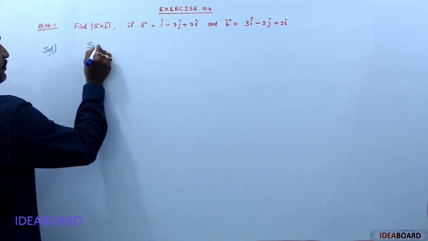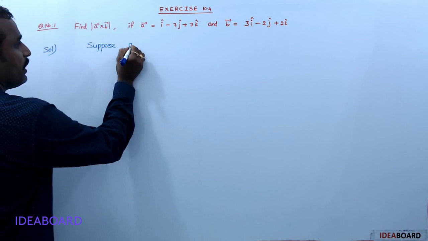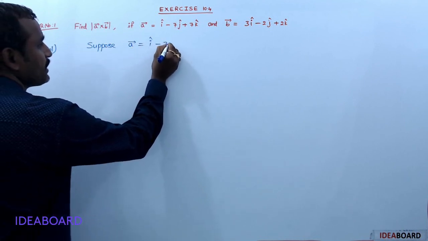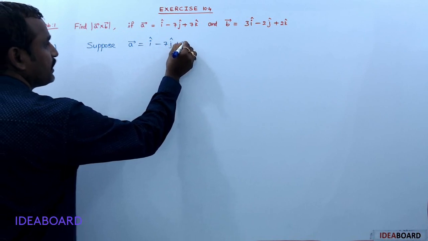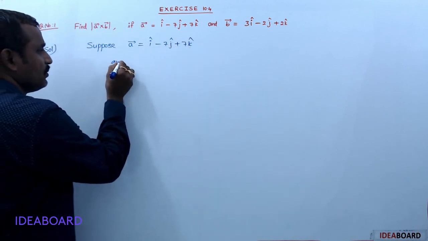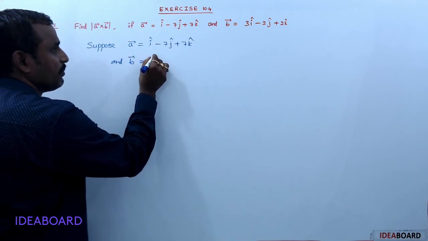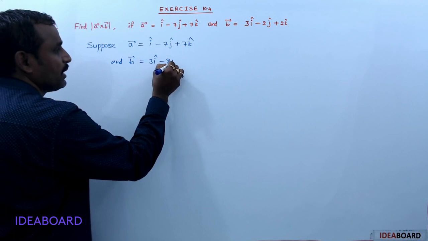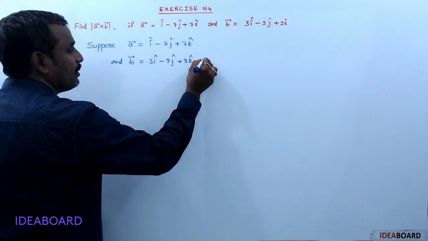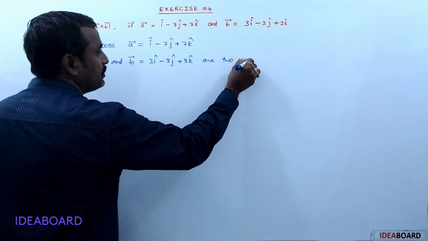Suppose A bar is equal to I cap minus 7j cap plus 7k cap and B bar is equal to 3I cap minus 2j cap plus 2k cap are two non-zero vectors.